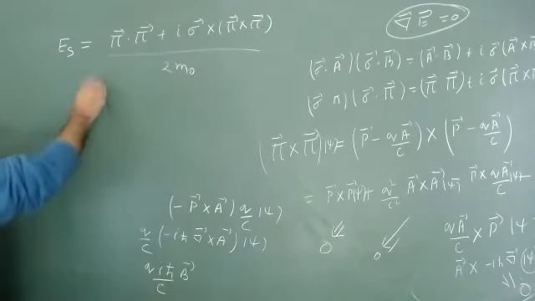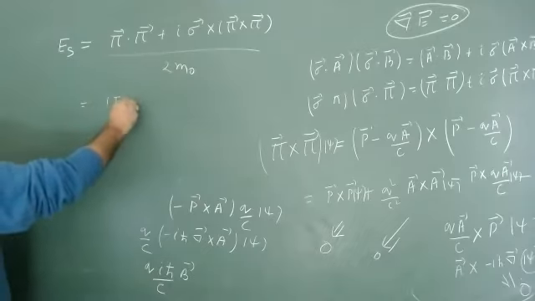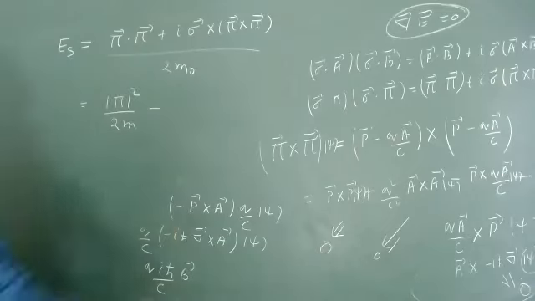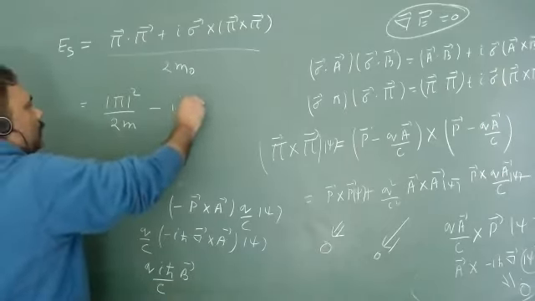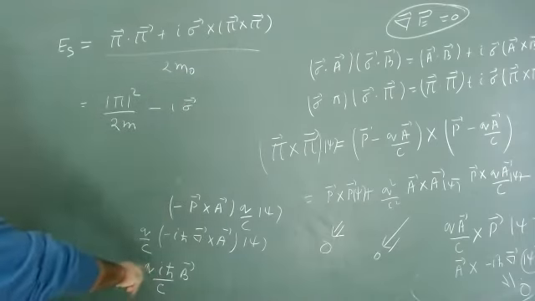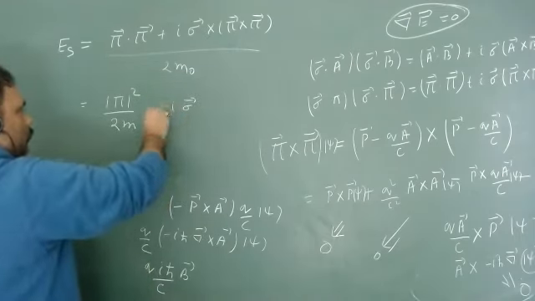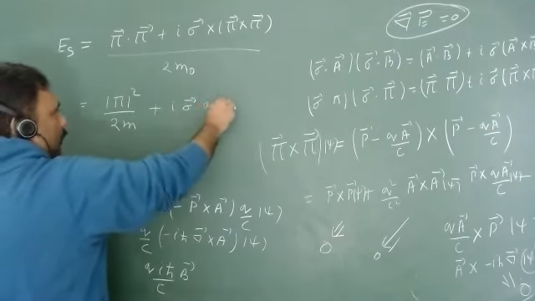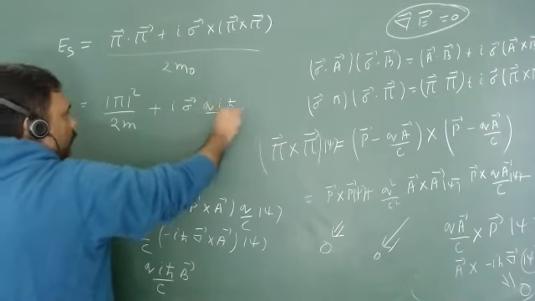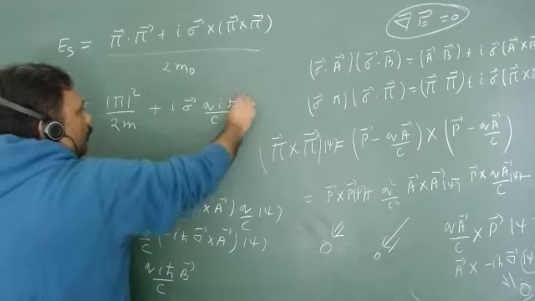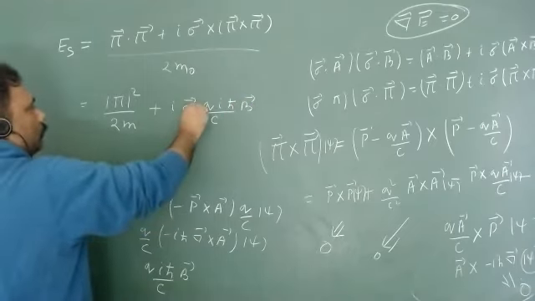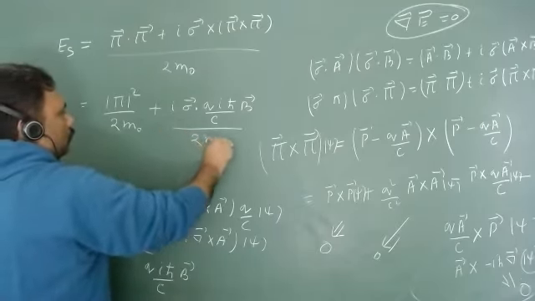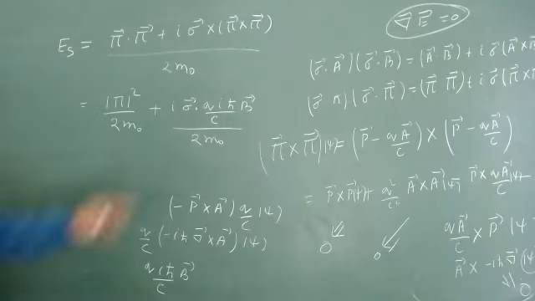We have pi cross pi, so this is mod pi squared upon 2m plus i sigma. What is pi cross pi? Pi cross pi is q i h-cut upon c, and there is some magnetic field B. So you have i dot sigma by 2m, and you can put 2m naught.